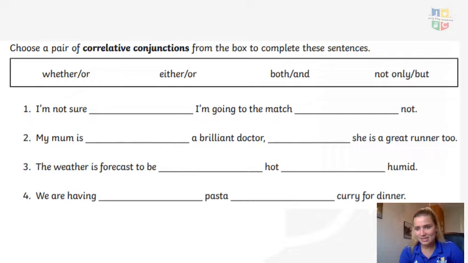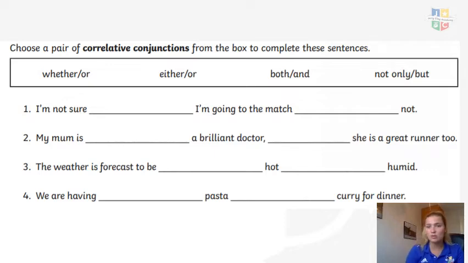So here are some sentences that we're going to have a go at doing first of all, and then I'm going to let you have a go at trying to write some of your own. So we've got some different examples here. So we need to think about which conjunctions we could use as a pair. I'm not sure something I'm going to watch the match something. So if we think about which words, it's trying to say, I'm not sure if they're going to watch the match or if they're not going to watch it.